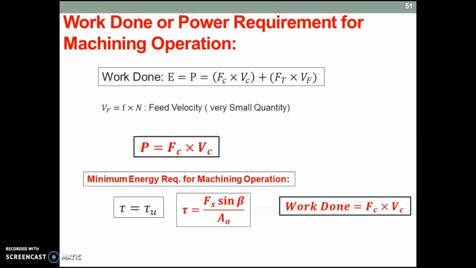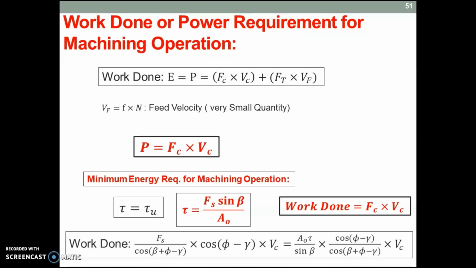This cutting force Fc can be converted into shear force using the Merchant circle diagram, which is Fs by cos(beta plus phi minus gamma) into cos(phi minus gamma), multiplied with this Vc. If we put in the value of Fs, we get this expression.